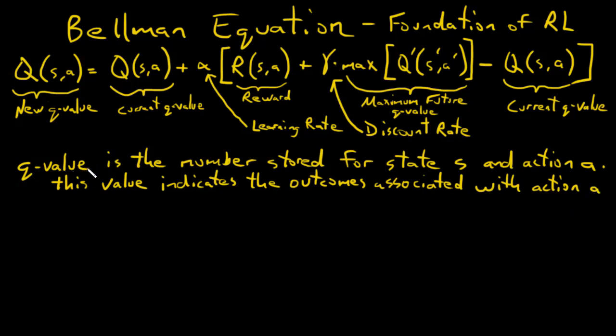A negative Q value means if I take that action, I'm going to get a punishment. So the Q value is the numeric value that represents how appealing an action is to the agent.